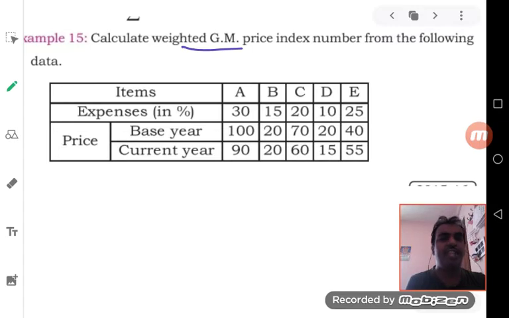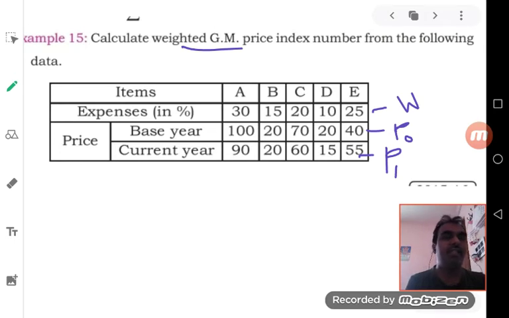Expenses in percentage. Third column, base year price, current year price, fourth column. So base year price you take it as P0, current year price P1, and that one more column given in the question, expenses in percentages, that should be taken as weight.